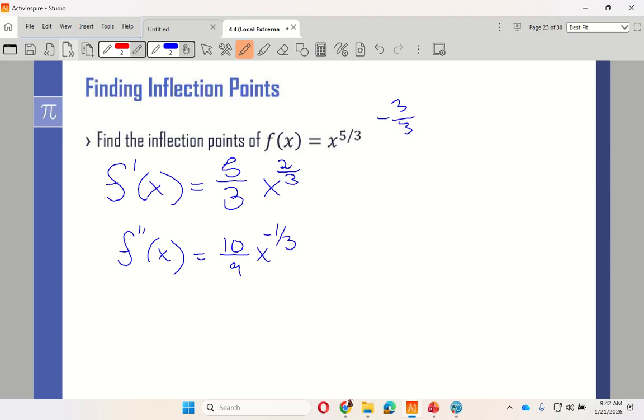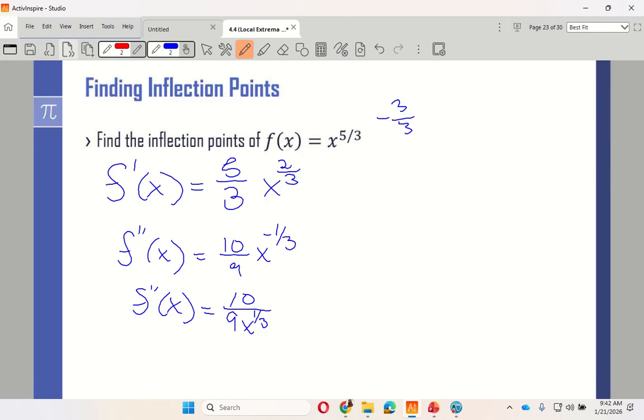So let's go ahead and rewrite this as 10 over 9x to the 1/3.